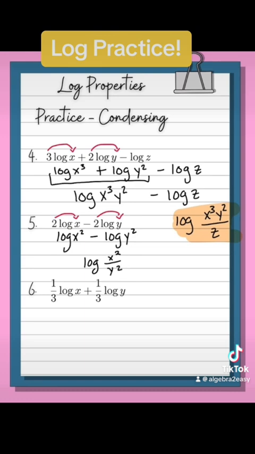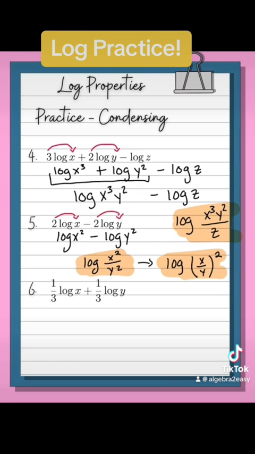Now, you could go a step further on this one. Since the x and y are both being raised to the second power, you could rewrite this as log x over y quantity squared. Either one of those is a valid answer. Just depends on what you're looking for.